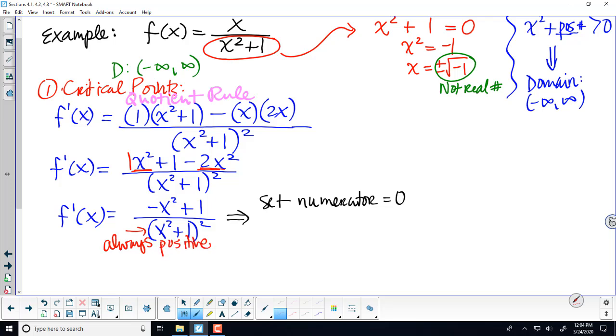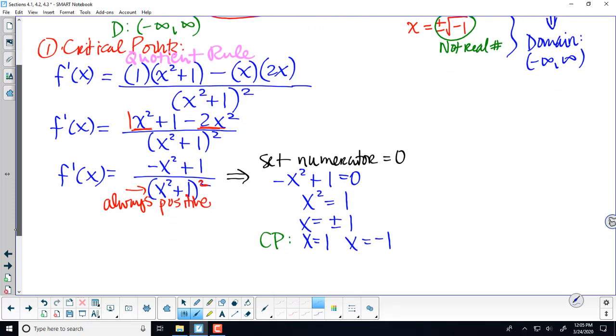And whatever makes it 0 would be not in the domain anyway. So it's always positive because of the square. Okay? So to figure out what makes negative x squared plus 1 equal to 0, we solve. We end up with x squared equals 1. So x equals plus or minus 1. Okay? So these are my critical points. My critical points are x equals 1 and x equals negative 1.